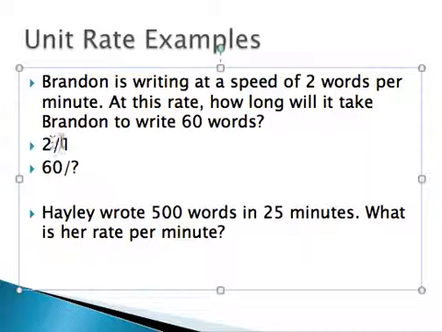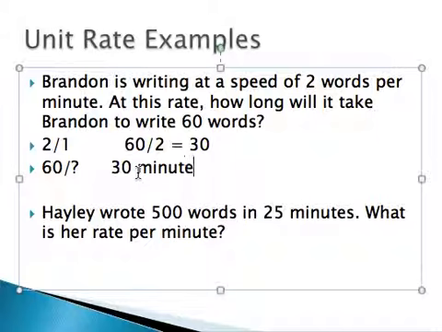So if we want 60 words, we would do 60 divided by 2, which would give us 30. So this means that it would take Brandon 30 minutes to write 60 words.